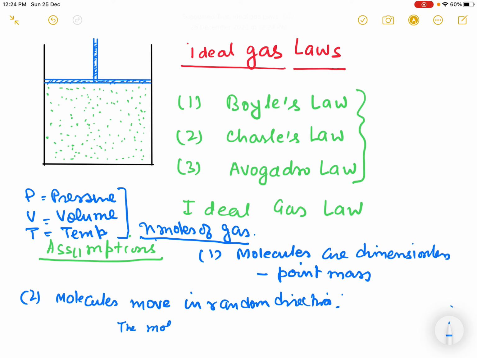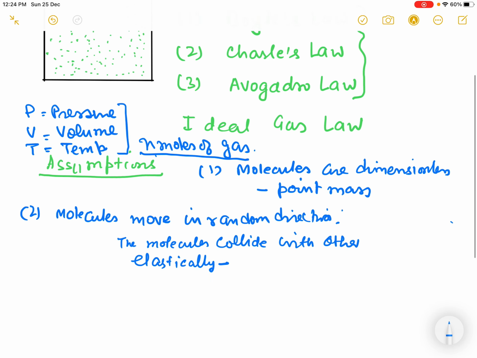The molecules collide with each other elastically. Elastically means there is no loss or gain of energy.